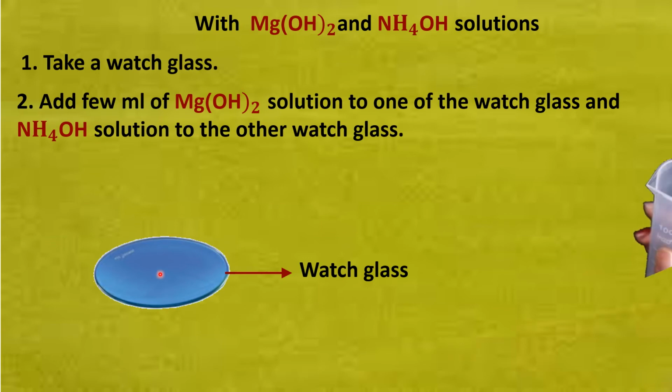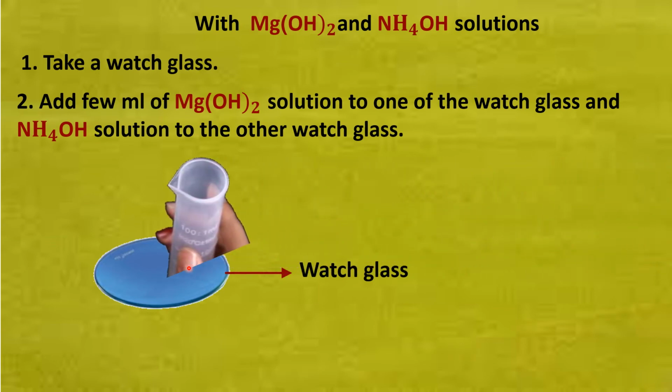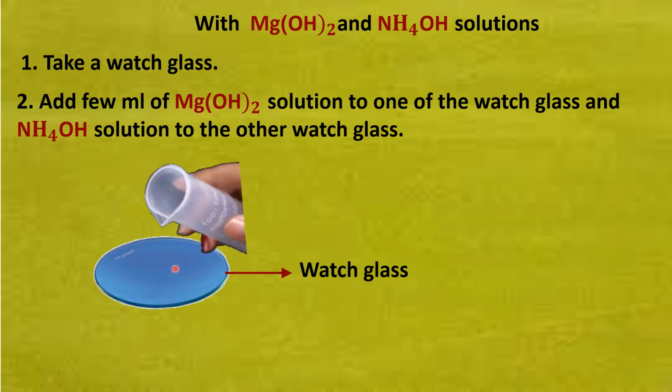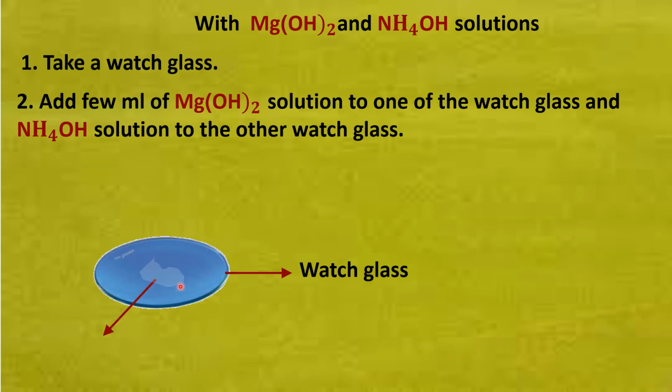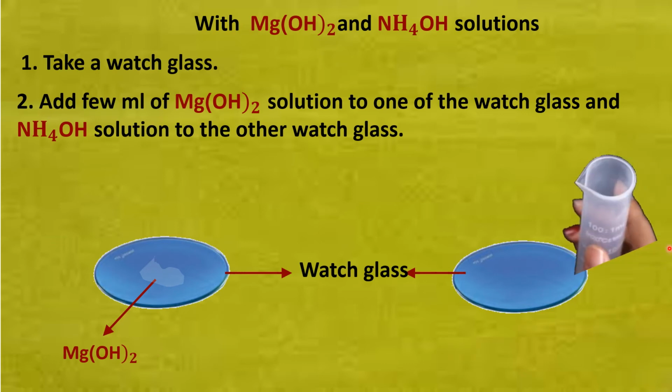Now we'll add this. We'll take a few ml or a few drops of the magnesium hydroxide into the watch glass. This is magnesium hydroxide solution. The next thing we have to do is take another watch glass, and in this we have to take ammonium hydroxide solution.